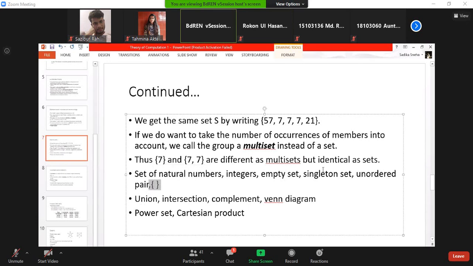Okay, so a singleton set is the one in which there is only a single element. Singleton set is the one where there is only one element. When there are two elements in a set, that is known as an unordered pair, like this one can be considered an unordered pair.